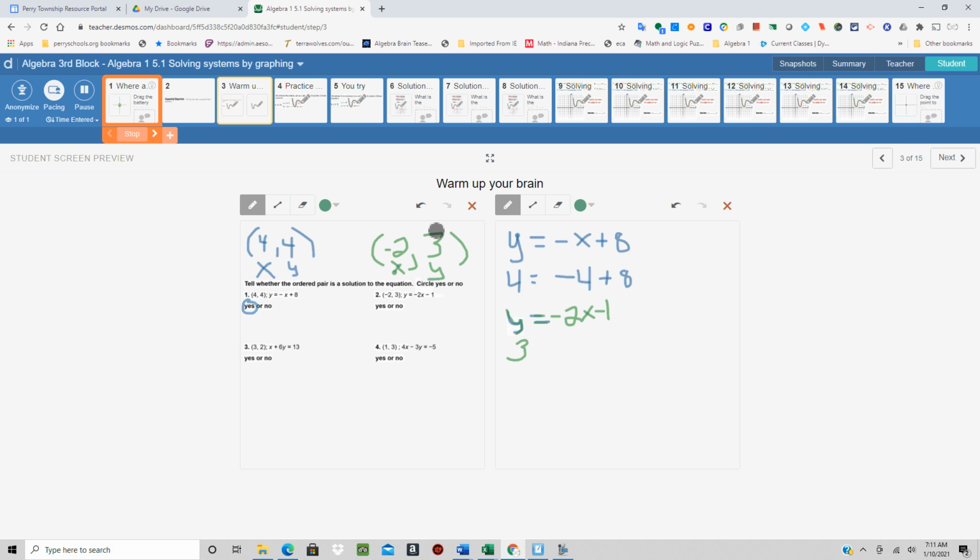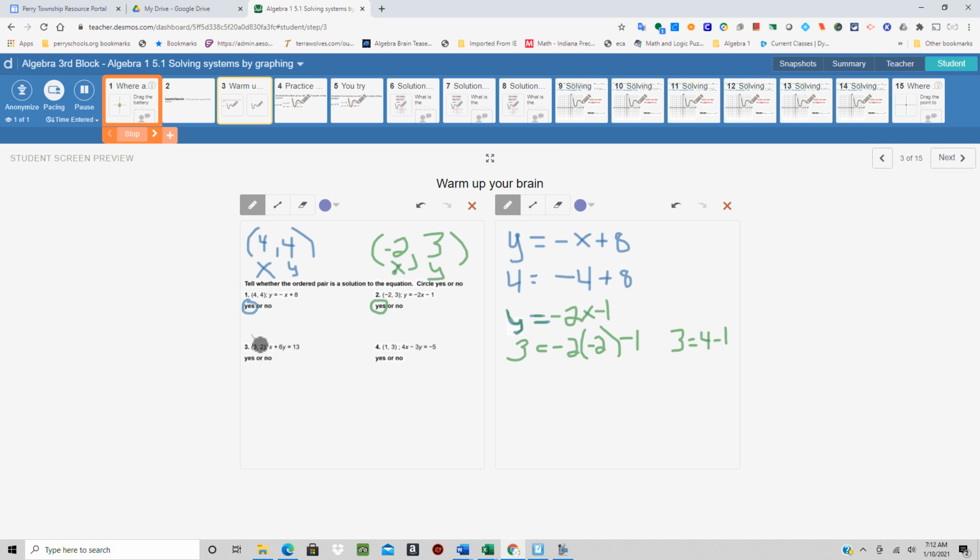So that's what that equals. I've got a negative 2 times, and my x is also negative 2, minus 1. That's going to give me 3 equals negative 2 times negative 2 is 4 minus 1. Well, that one is a yes. Let's go ahead and do another one.